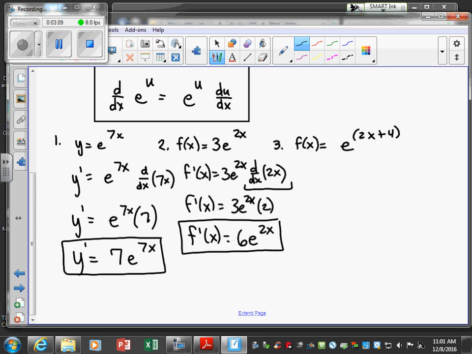Okay, and although our exponent gets to be a little more complicated, it's still the same idea and the same concept. So our f prime of x is going to be our e to the u, and then we have times the derivative of our exponent.